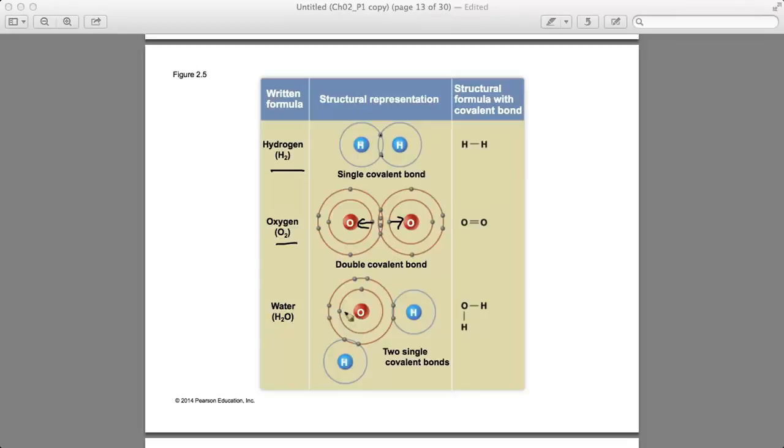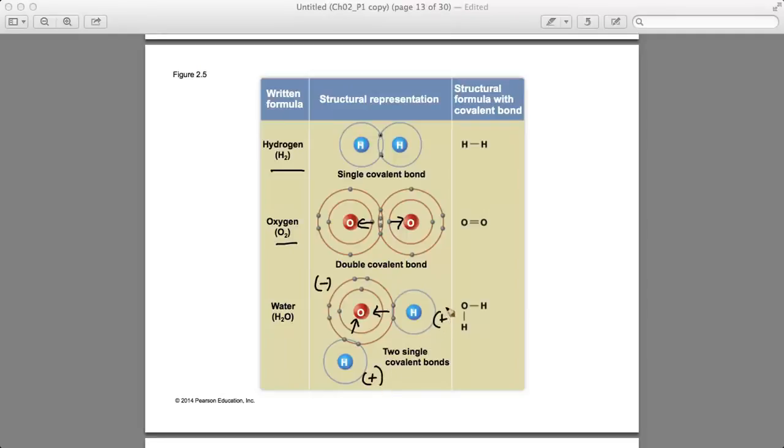Now consider water. Because of the characteristics of the oxygen atom, it tends to pull those electrons a little closer to the oxygen. So there tends to be a very slight positive charge around the hydrogen side of the molecule and a slight negative charge on the side of the oxygen.